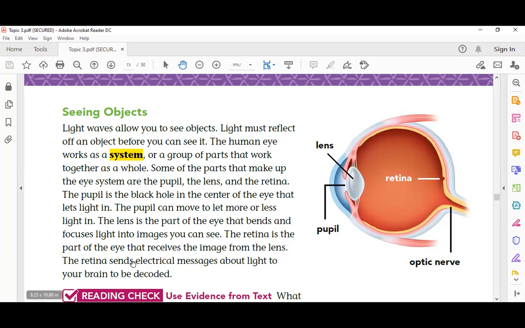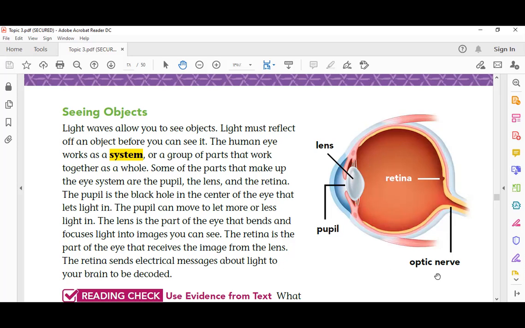So the retina sends an electrical message about light to your brain. In the retina there are cells that can change the light into an electrical message. The retina in Arabic, I think, is الشبكية.